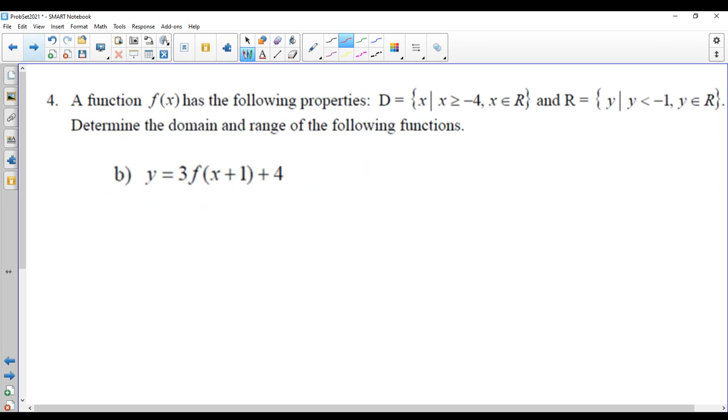3 f of x plus 1 plus 4. So, my first question is, give me a list of the transformations that are going on with this. Angela, I'm going to need your help. Give me some transformations related to what you're seeing on the board right now. Give me at least 2.